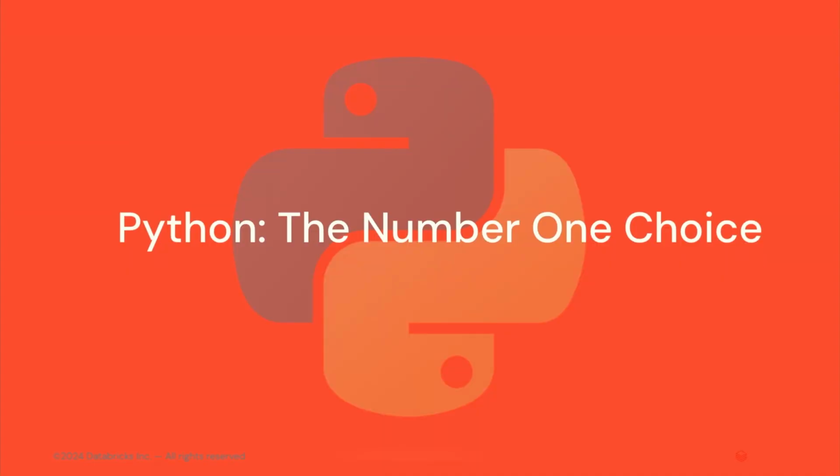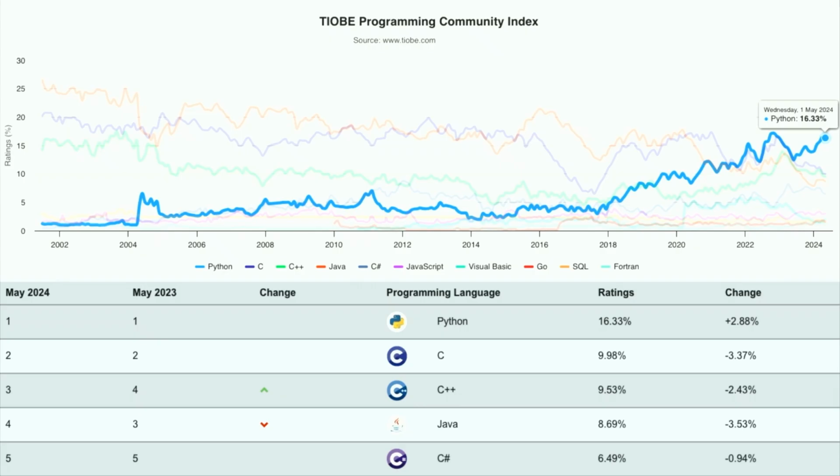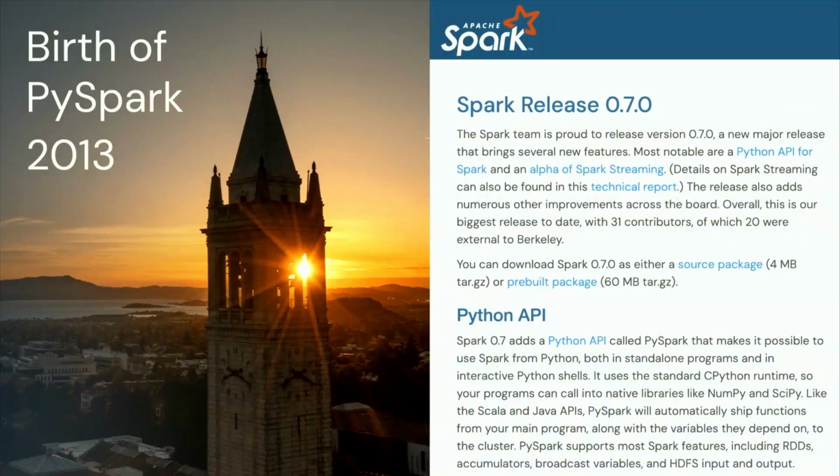Okay, so let's talk about the PySpark updates. Python is the number one choice. Check out this graph. Over the years, Python has not only overtaken but also stayed ahead of older languages like Java or C++, just to show how popular it is.